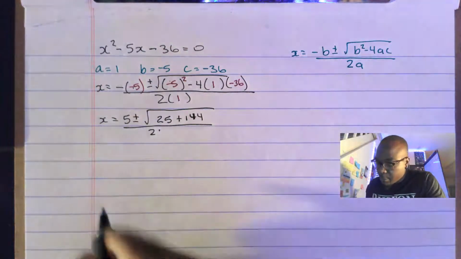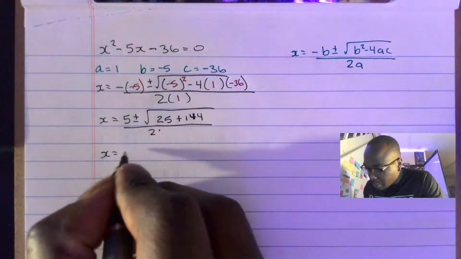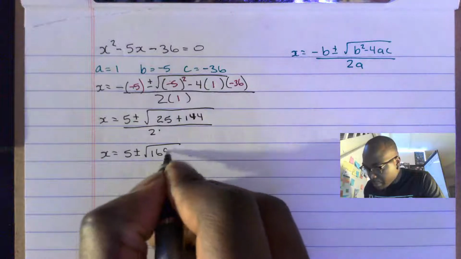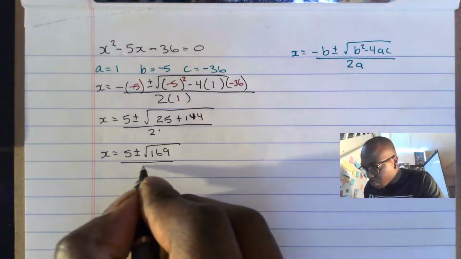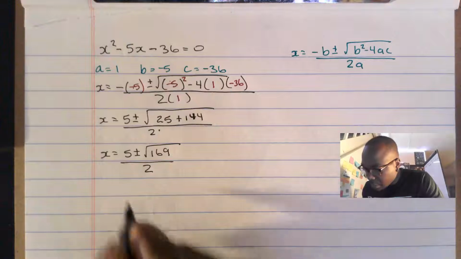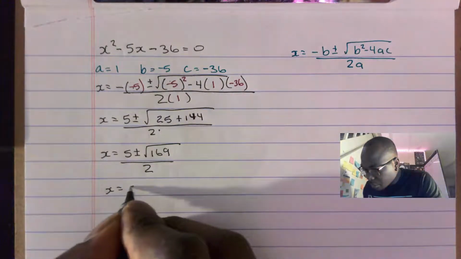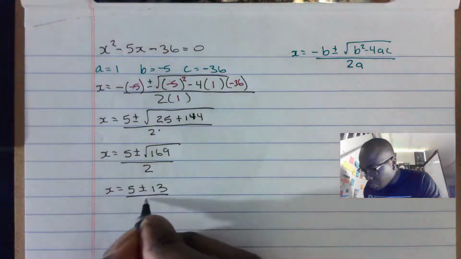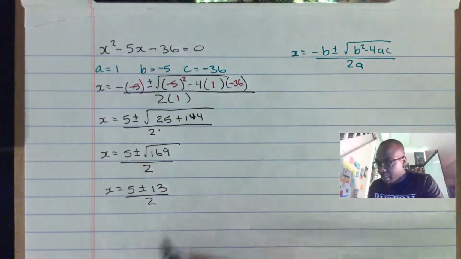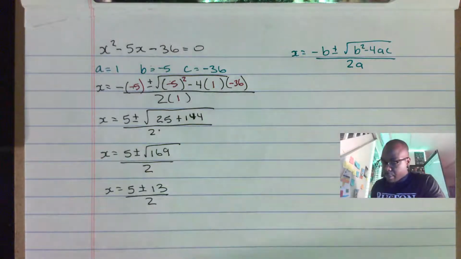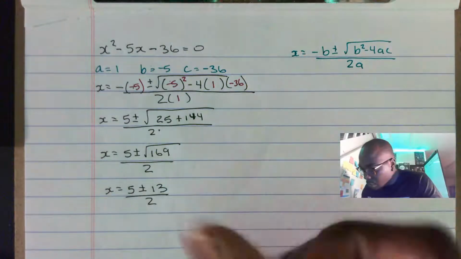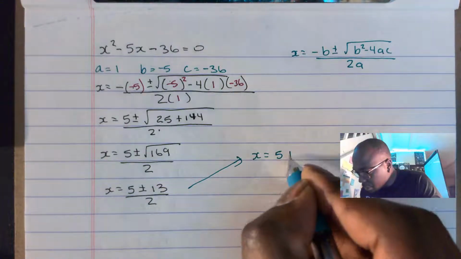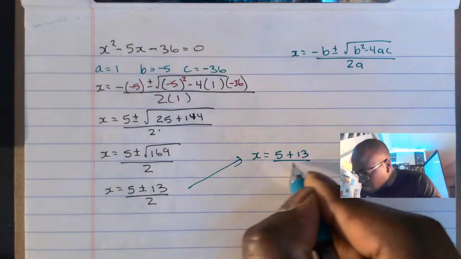Okay, are you still with me? Good job. So x is equal to 5 plus or minus the square root of 169 all over 2. The square root of 169 is 13, so x equals 5 plus or minus 13 all over 2. From here we have two options. Option 1, x equals 5 plus 13 over 2.